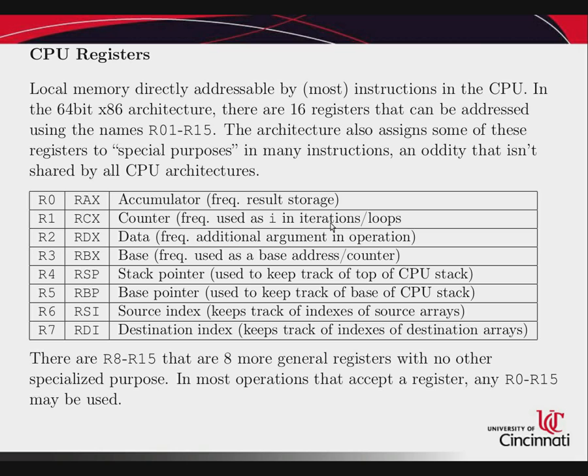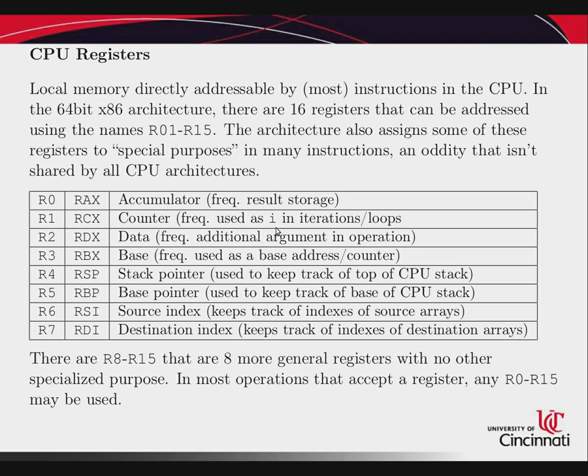RCX, which is R1. It's also important to note here that the alphanumeric registers aren't listed in alphanumeric order. So there is an index ordering to them that's numeric, but it doesn't follow the normal alphabetic convention on ordering.